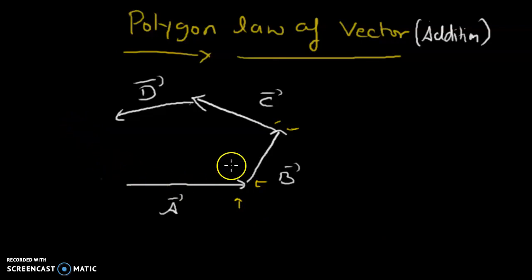So their sense is anti-clockwise. If you need to form another vector, it would go like this now, but the resultant would actually go opposite to the sense there, tail of this, head of this. So this would represent their resultant, not that. This is the polygon law of vector addition.